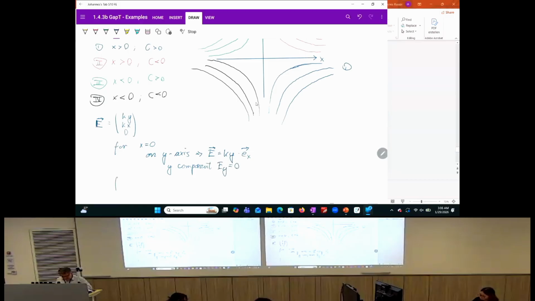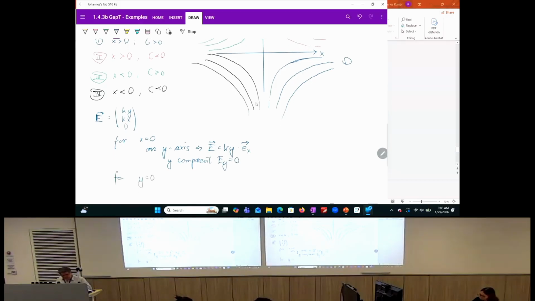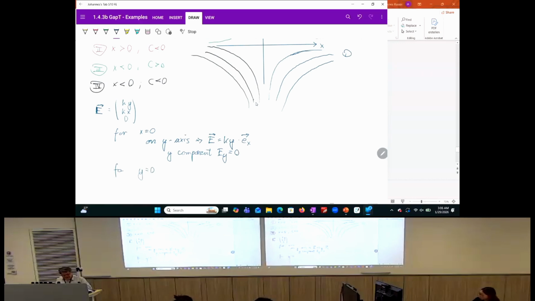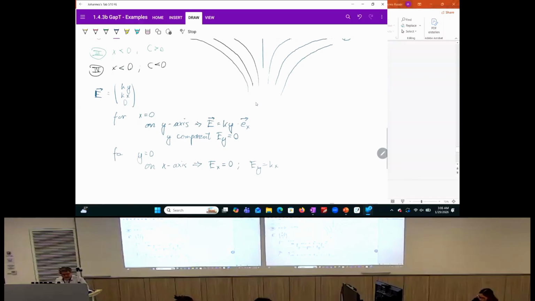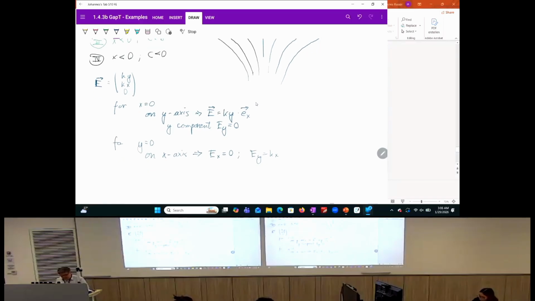On the other hand, for y equal to 0, while we're moving along the x-axis, we have E_x equal 0, while E_y becomes k times x. So our electric field here then basically is.